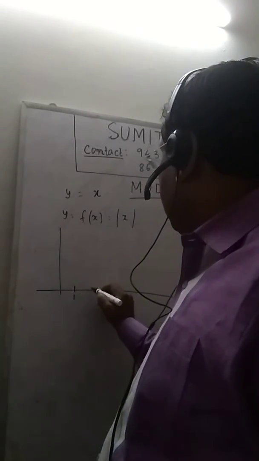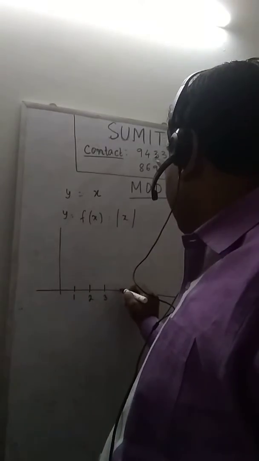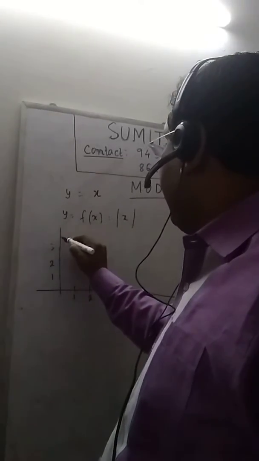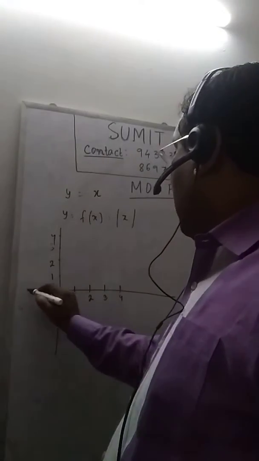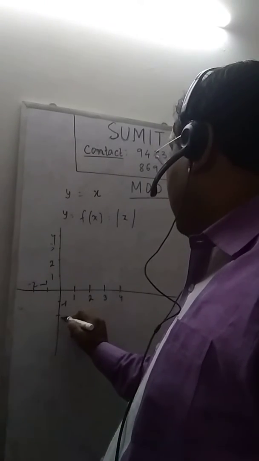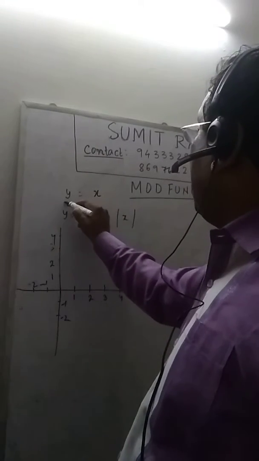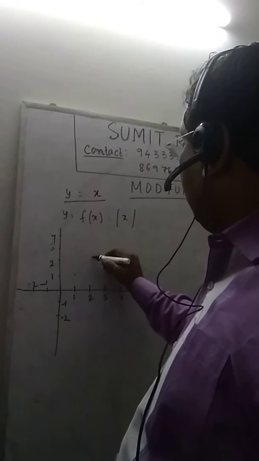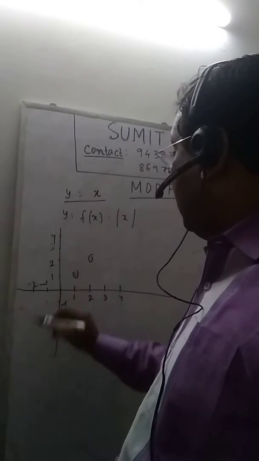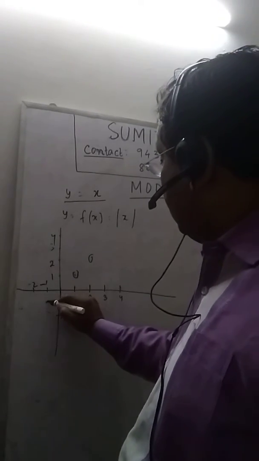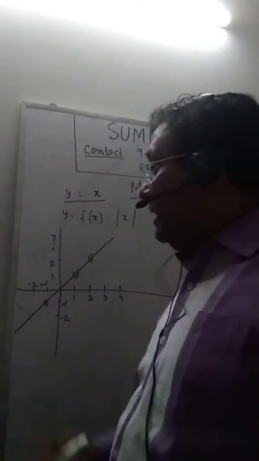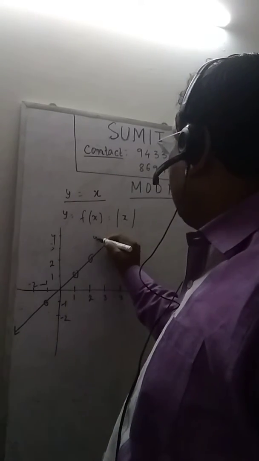This is x is equal to 1, 2, 3, 4, and here also minus 1, minus 2, etc. So if y is equal to x, we plot this value and also minus 1, and we join this, then we get this straight line, and this straight line implies y is equal to x.